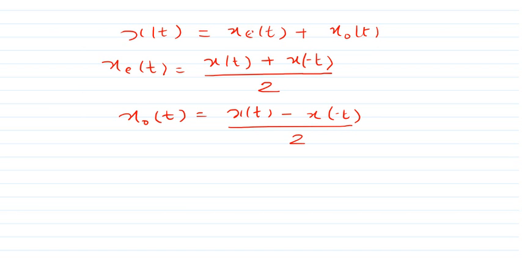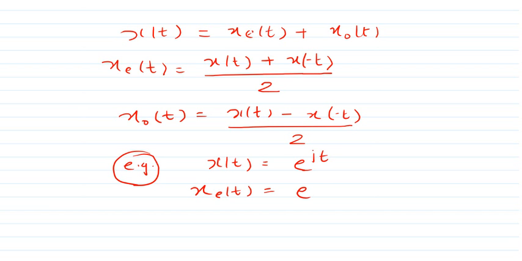So for example, we have x(t) equals e raised to the power jt. Then what is the even component? xe(t) is e raised to the power jt plus e raised to the power minus jt divided by 2, that is cos t.